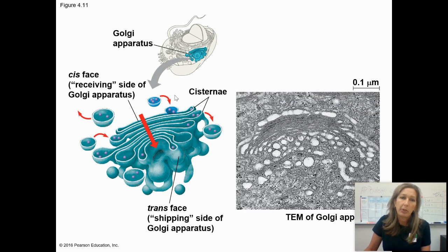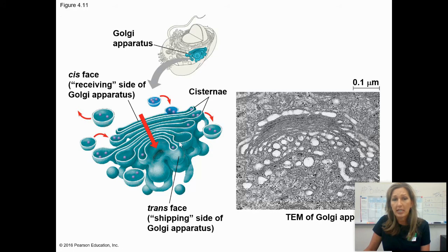Now, like I said, proteins that are initially formed in the rough ER are shipped through transport vesicles to the Golgi apparatus. And membranes are fluid, and we'll learn more about that in chapter 5, but these membranes then fuse with the Golgi apparatus, and that's what the Golgi apparatus is too, these series of membranes that have lots of enzymes in here that can then modify these proteins for whatever function they need.